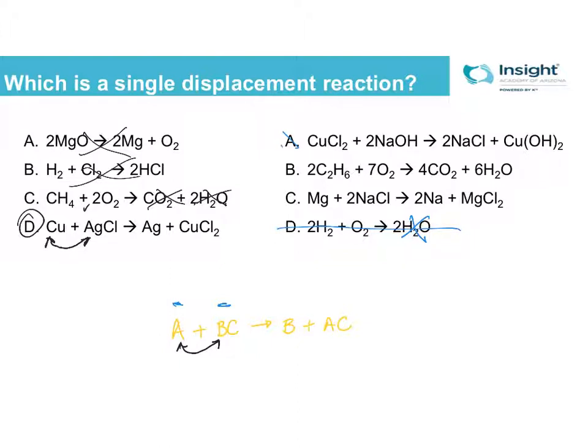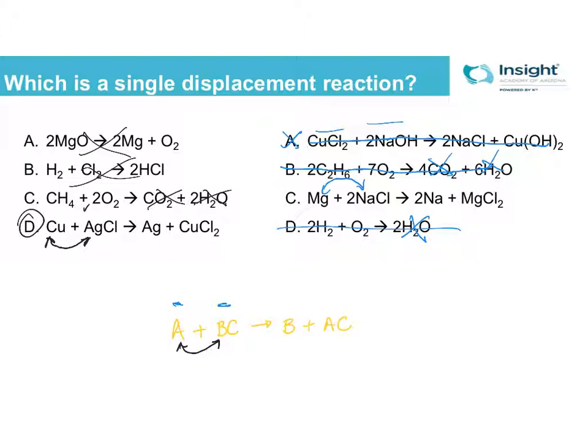So that can help me get rid of A, because these are both compounds. That would be double displacement. All right, and I can narrow things down even further when I look at my products, which should also be a single element and a compound. And this one has 2 compounds. All right, so here, magnesium and sodium switch spots.